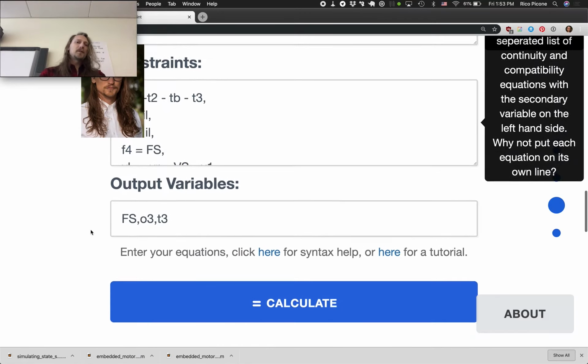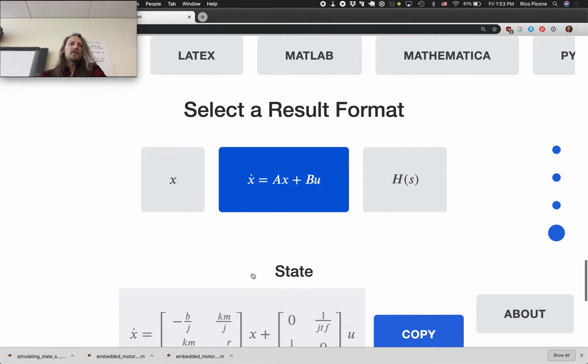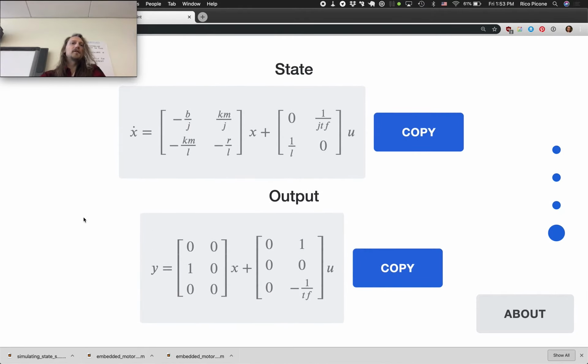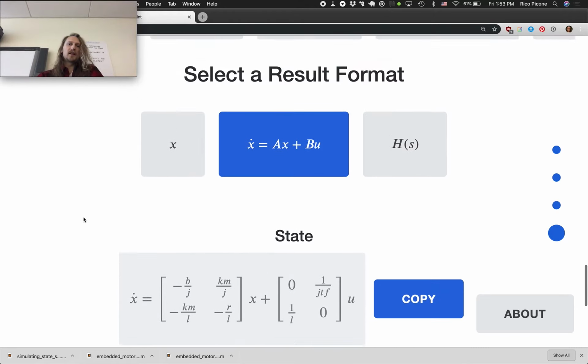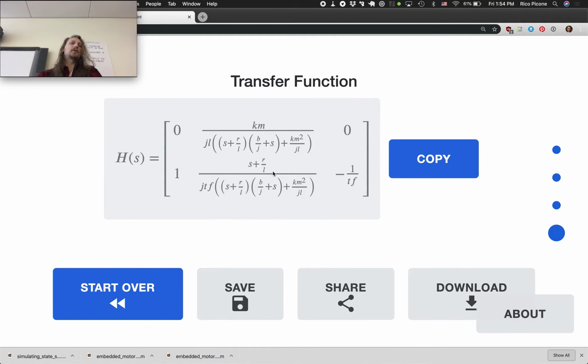So if you put them in correctly and then you hit calculate, it'll come up with this state space model. So the state equation and the output equation. You can also have it give you the transfer function matrix as well. So instead of having to do that C(sI minus A) inverse B plus D, it'll give you that.